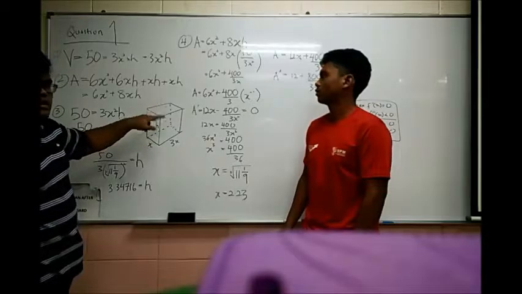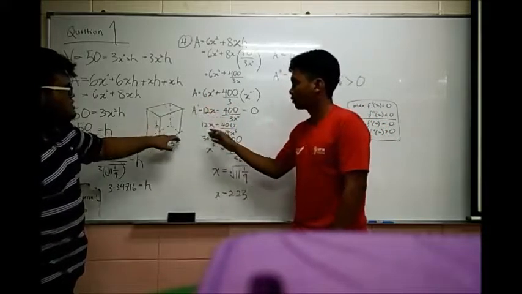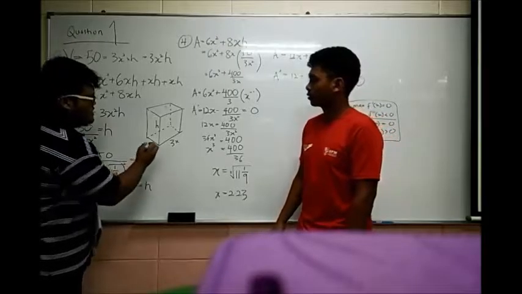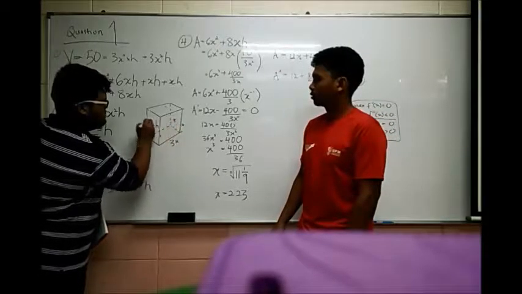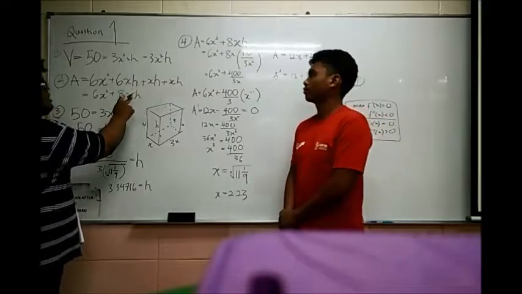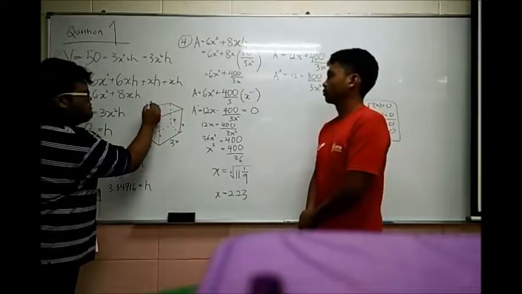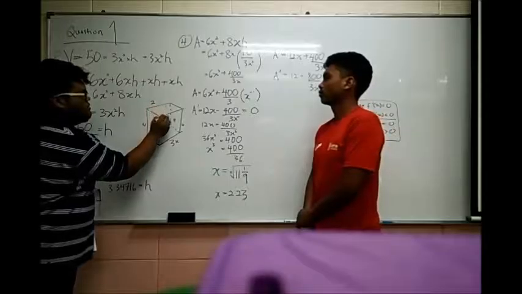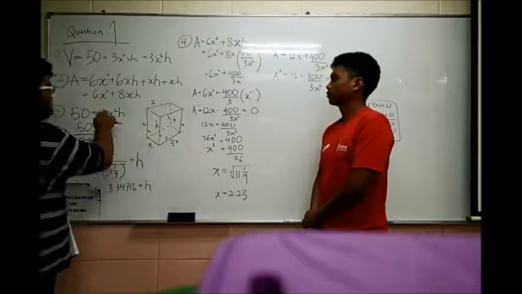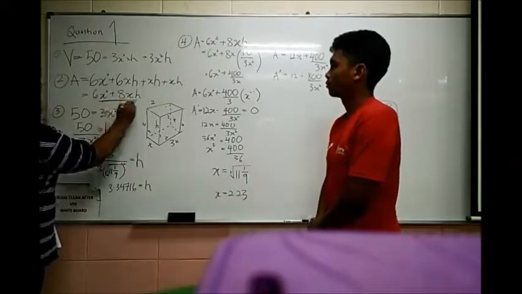We have 4 sides: this side, the back side, and the other sides, 1, 2, 3, and 4. So we got 6x squared plus 8xh, with the top and the bottom included.